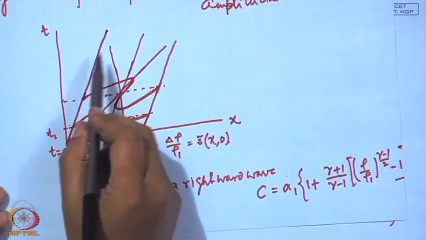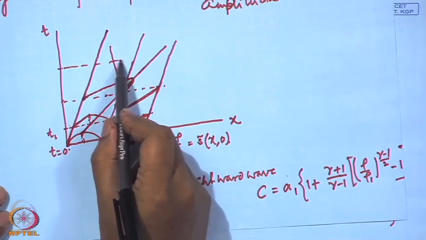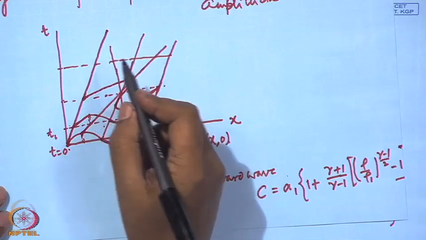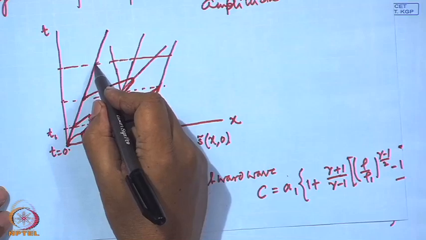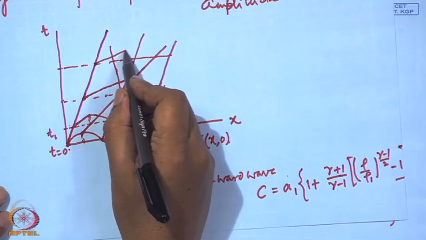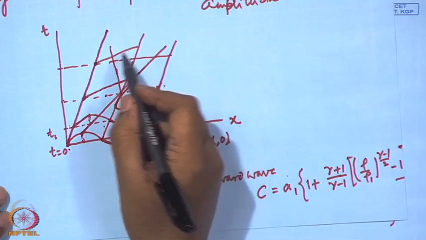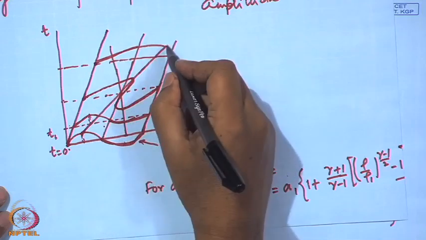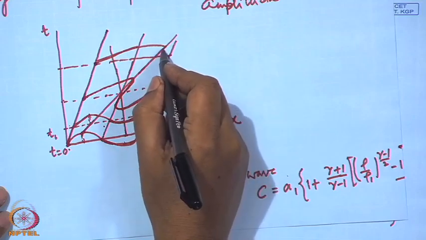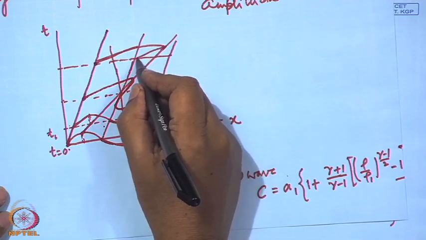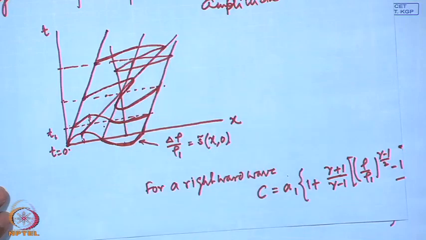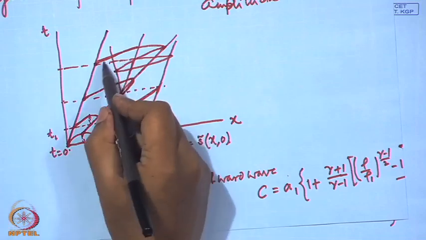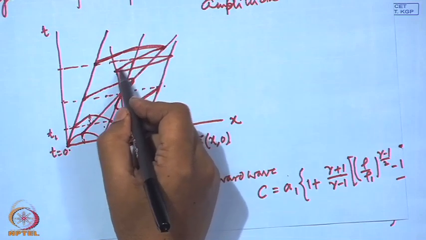In the compression region, as you have seen, if we consider even a case like this, this will be the shape of the wave at t 2.